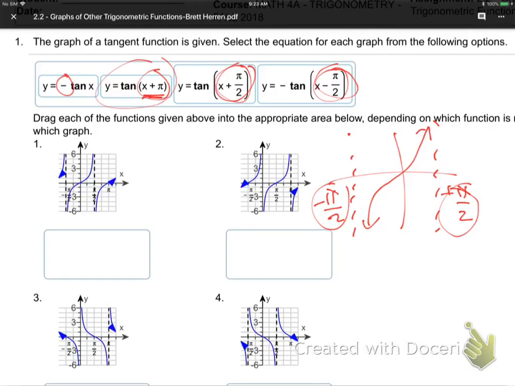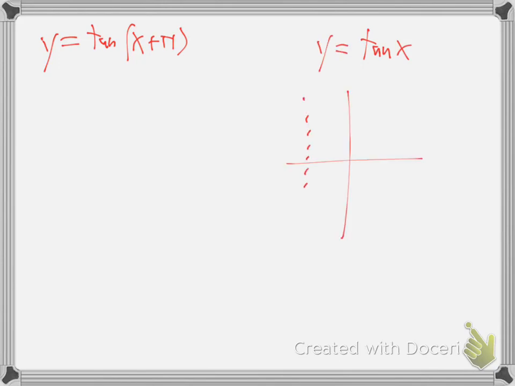Let me show you. So let's take like this second one. I'll come back to the first. Let's just do this one. Tangent of x plus pi. What's that going to do? So y equals tangent of x plus pi. What is that going to do to the graph? I know how the normal tangent looks. The normal one, like we've said a couple times already today, has asymptotes between minus pi over 2 and pi over 2 with a snake in the middle.